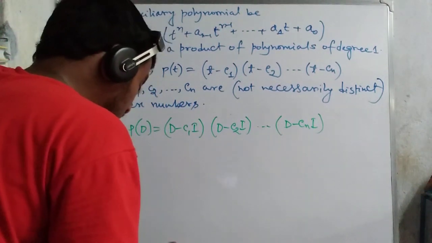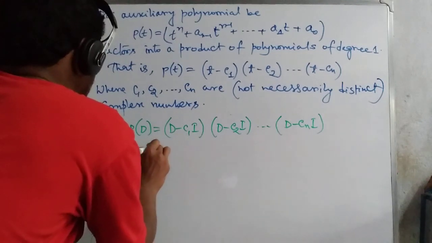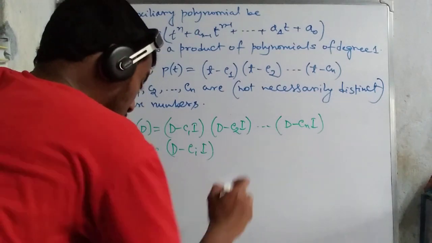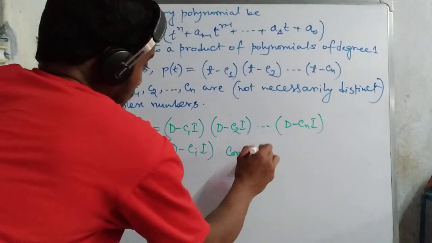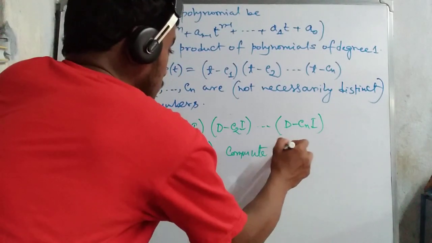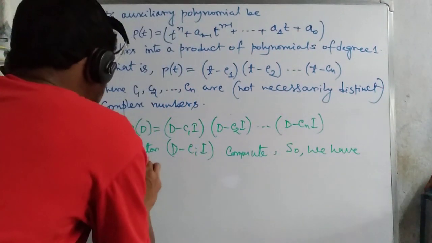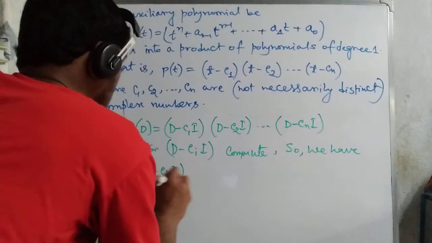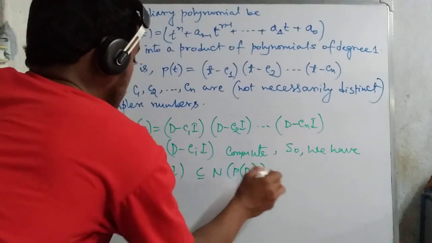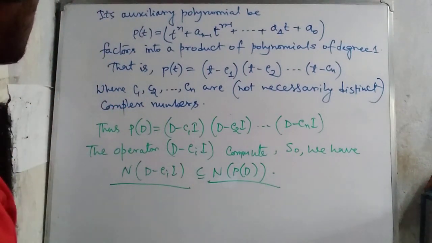Then what happened? The operators D minus ci I commute. Then we have the null space N of (D minus ci I) is a subset of N of p(D), the nullity of p(D). That means the null space of this operator is a subset of the null space of p(D).